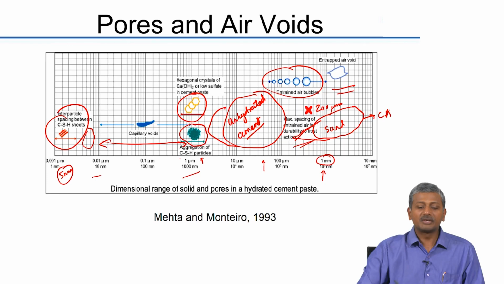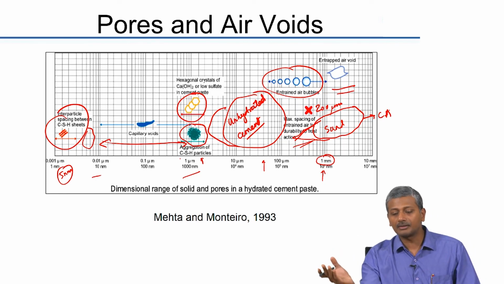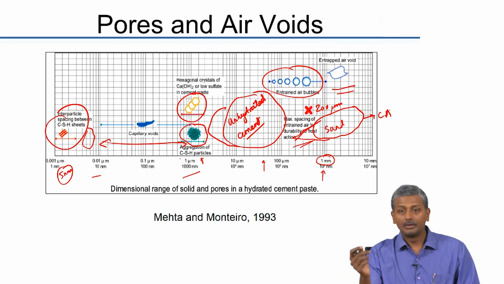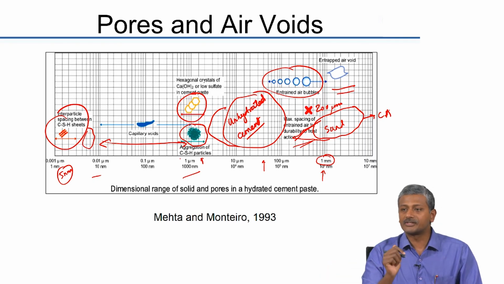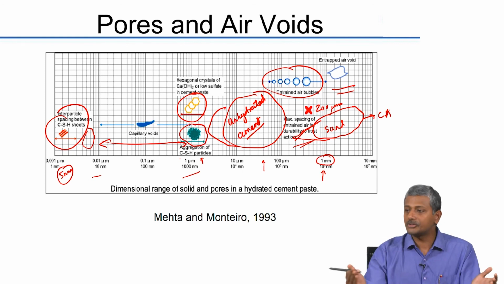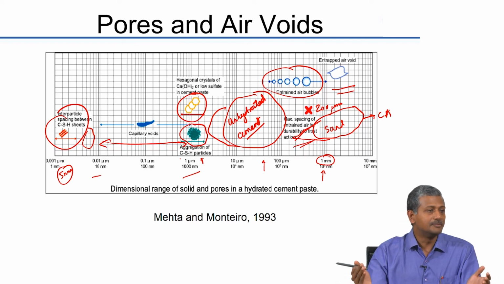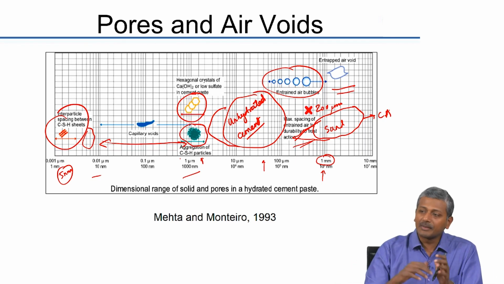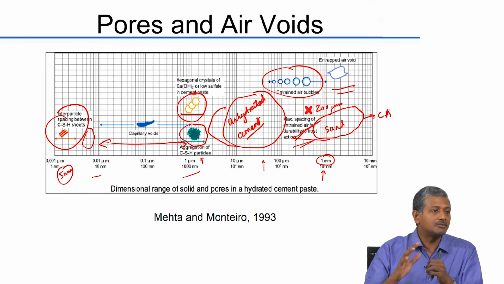Okay, so you see very clearly that we are ranging all the way from about 20 millimeters in the case of coarse aggregate to 1 nanometer in the case of the interparticle spacing between the CSH. So, we are dealing with a material that has a wide range of particle and void shapes and sizes present in the system, because of which the properties can be quite complex. How these interact at different levels can lead to very different behaviors in concrete.